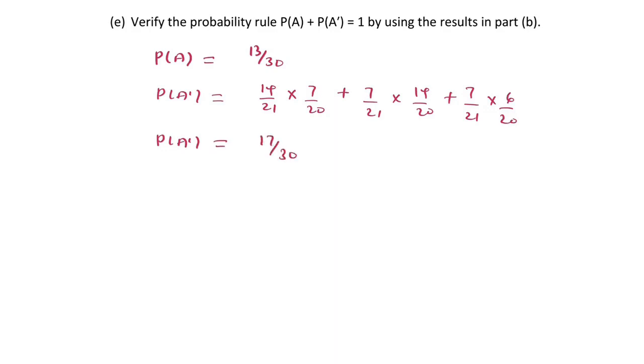So taking probability of A plus probability of A complement, we are going to have 13 over 30 plus 17 over 30. Solving this, our answer is going to be 1. Therefore, this has been verified as requested from our question.